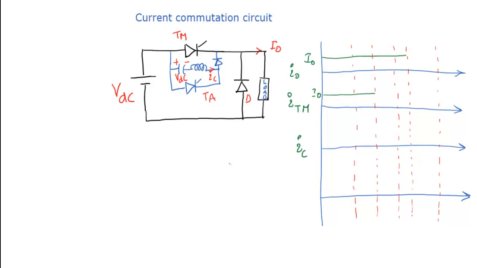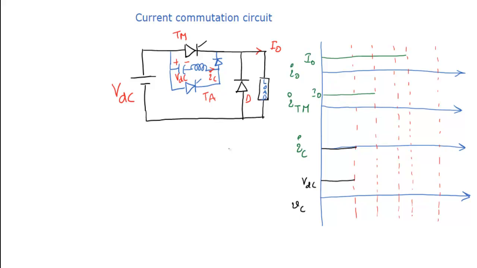That means the tank circuit current will be 0 initially, and the voltage across the capacitor will be maintained at its initial value VDC, the source voltage. This is VC. At this point of time we turn on the auxiliary thyristor, preparing the commutation circuit for commutation.